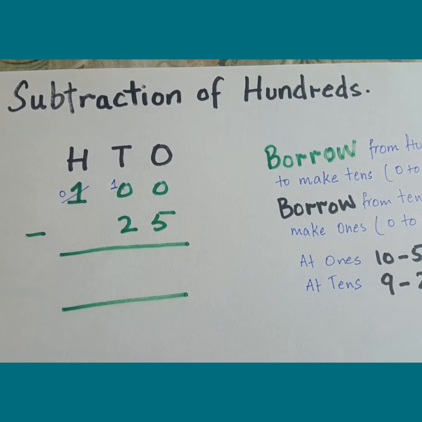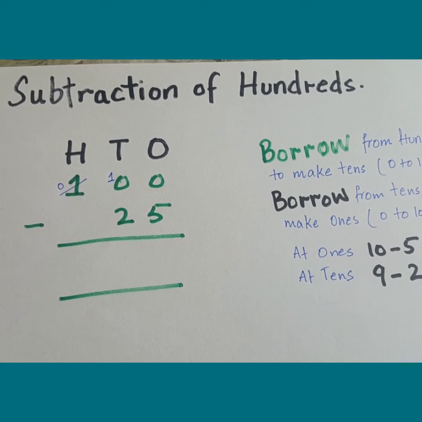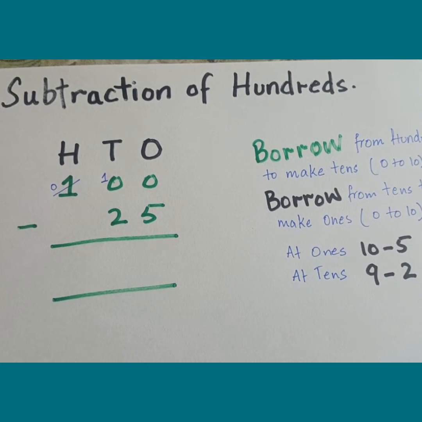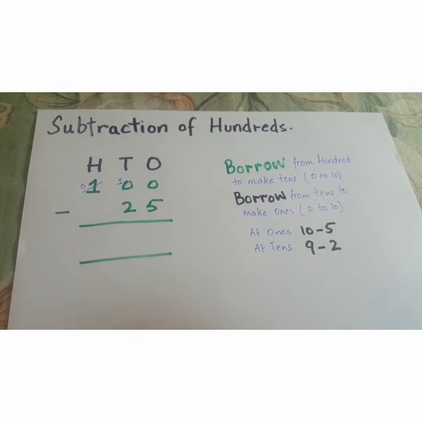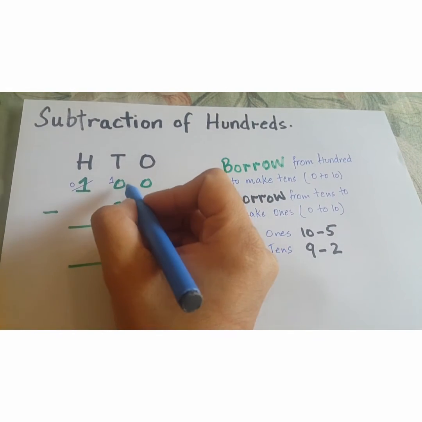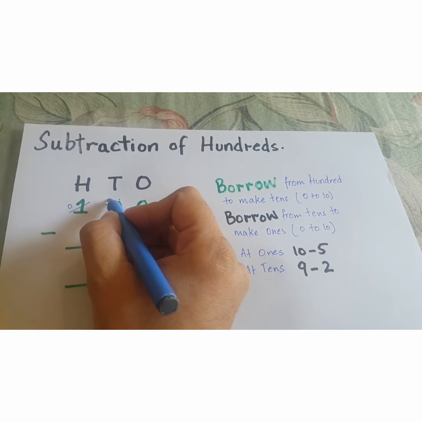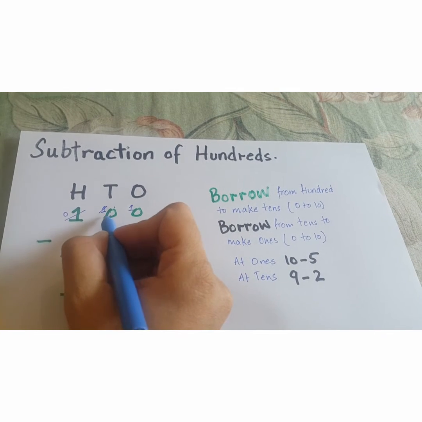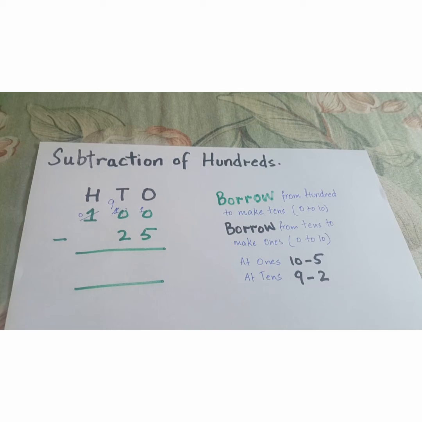Now the hundreds column is 0 and the tens column is now having the value 10. Now the ones column can borrow the value from the tens. Now we will borrow 1 here. This was 10. Now the new value will be 9.